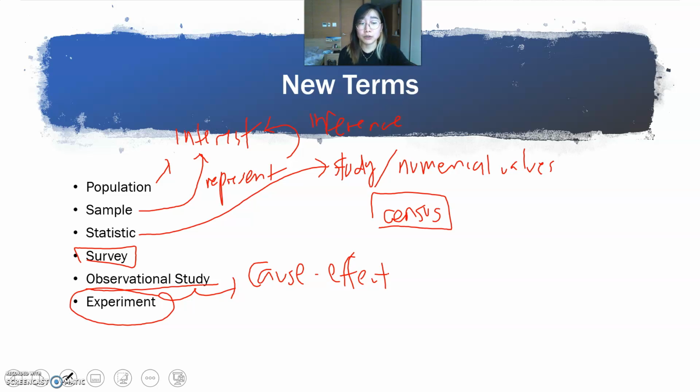Sometimes the reason people use that argument is because it's not very ethical to put someone on an experiment of smoking, even though there is a very strong correlation that if you smoke, you are more likely to get lung cancer and die, right? It's not very ethical to bring people in and say, well, smoke each day and tell me how you feel at the end of the experiment, right? Because experiment calls for treatment. And if there's no treatment, you can't say it's an experiment.